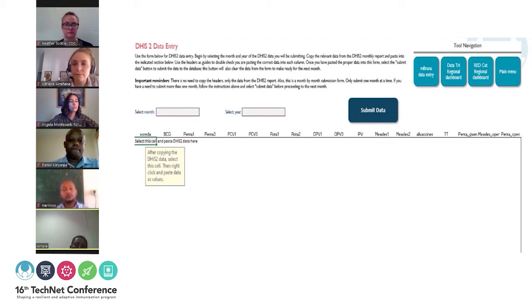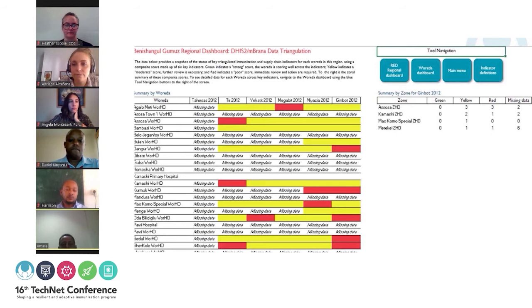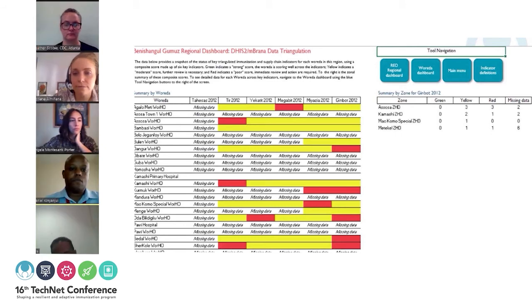The same is true for the immunization or vaccine supply chain data. They copy and paste from the source document, and then submit, and automatically they go to the dashboard. So the first dashboard is the regional level or subnational level dashboard. As you see from the left column, the districts.